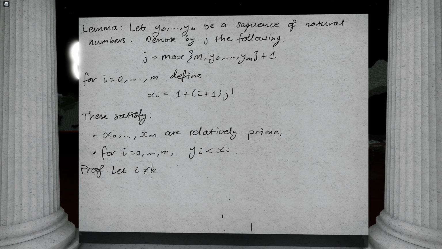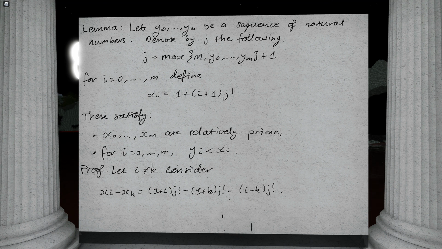Let i be different from k and consider the difference of xi and xk. That's (1 plus (i plus 1) times j factorial) minus (1 plus (k plus 1) times j factorial), which is equal to (i minus k) times j factorial.